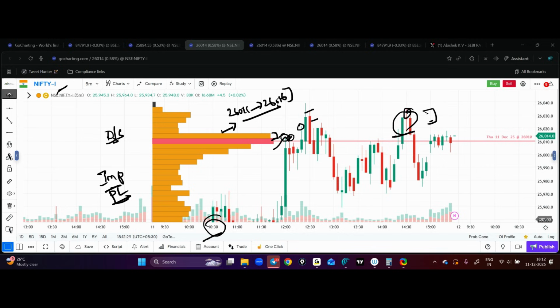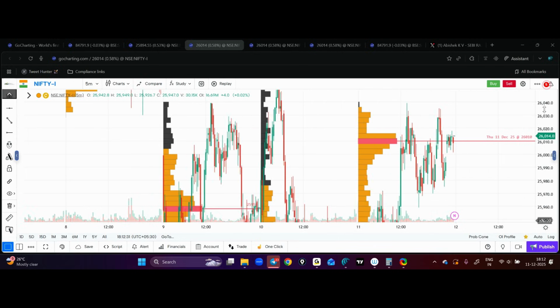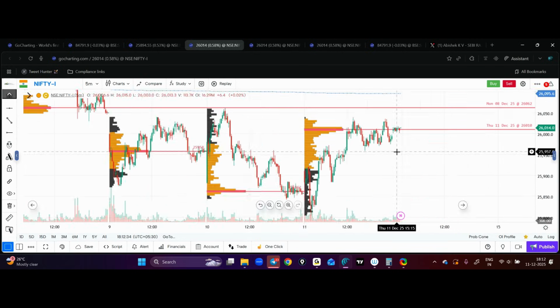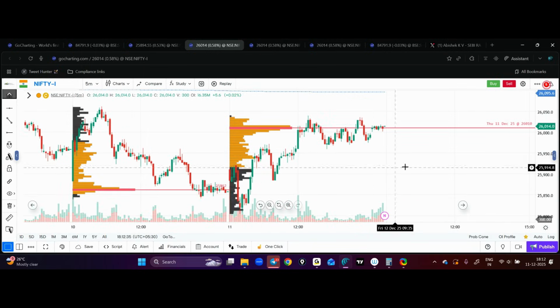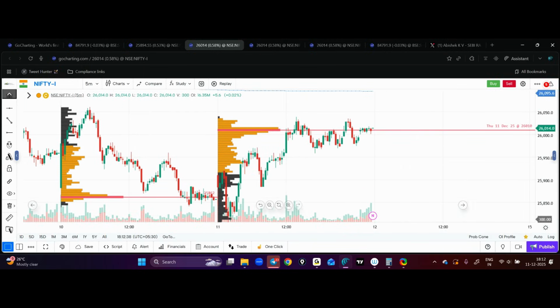Now, within this volume profile itself, just a quick overview for you, there are three main components. You see that the color of the profile at one point is yellow, and here it is darker, and you're seeing a red line in between.